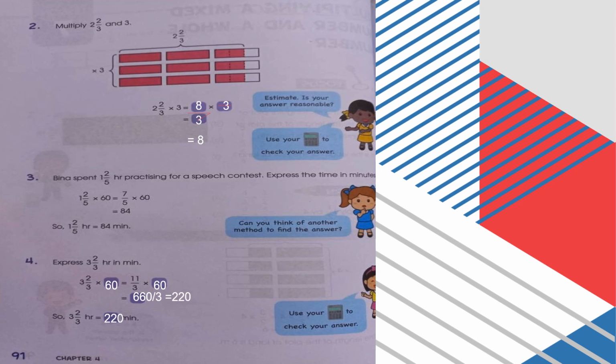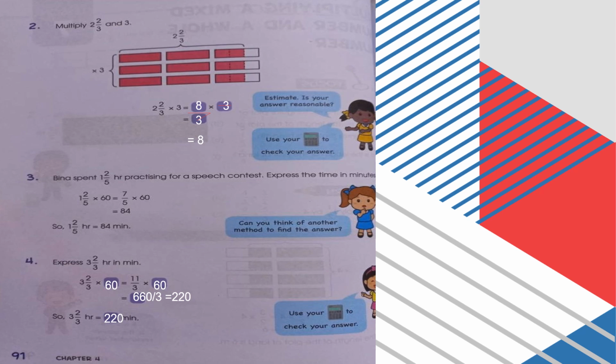Now in question 4, we have to express 3 2/3 hours in minutes. Again, we are going to multiply 3 2/3 by 60 because we have to convert hours into minutes, and 1 hour is equal to 60 minutes. So we have 3 into 3 is 9 plus 2 is 11, so we have 11 over 3 multiplied by 60.